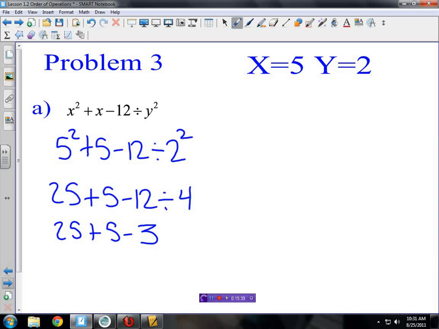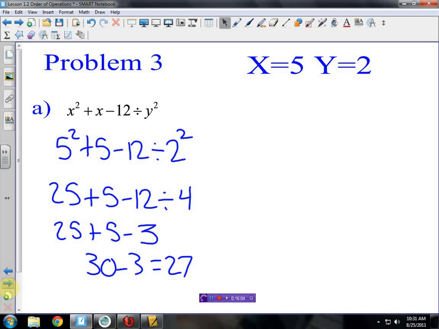I have one of each here. Which one am I going to do first? The adding one. Why? It's on the left, right? We go left to right. So we have 25 plus 5 is 30, minus 3 is 27. So 27 is our answer.